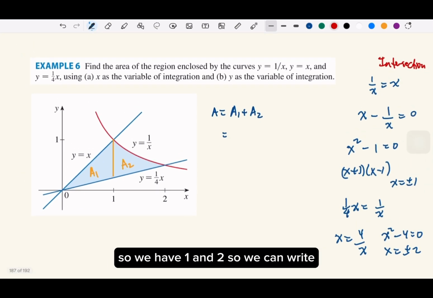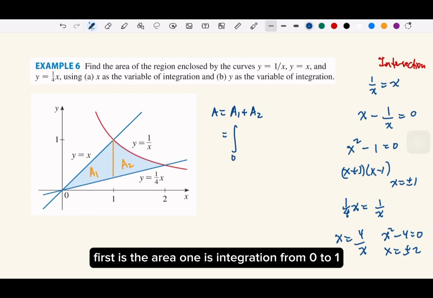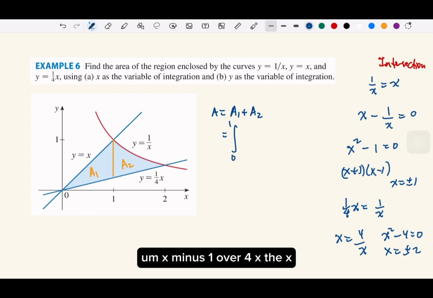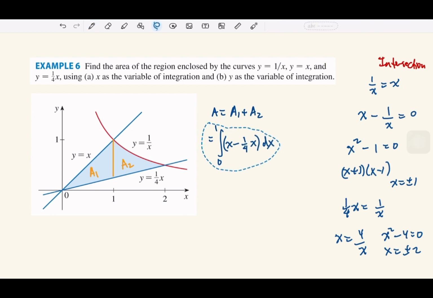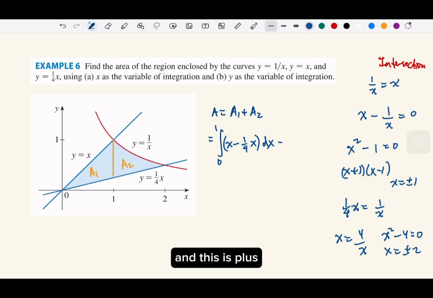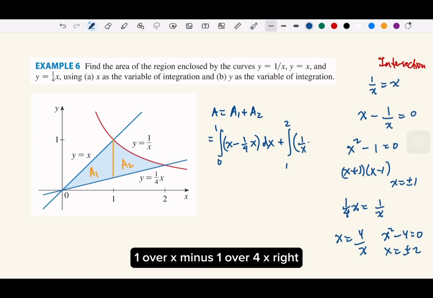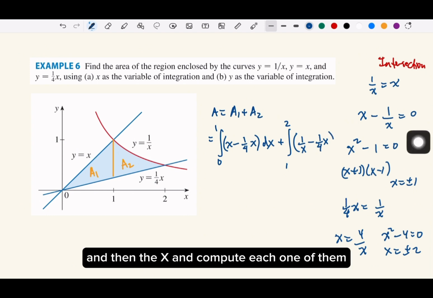So we can write, first the area 1 is the integral from 0 to 1 of x minus 1 over 4x dx, and this is plus the integral from 1 to 2 of 1 over x minus 1 over 4x dx.